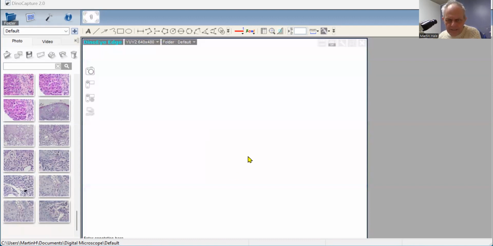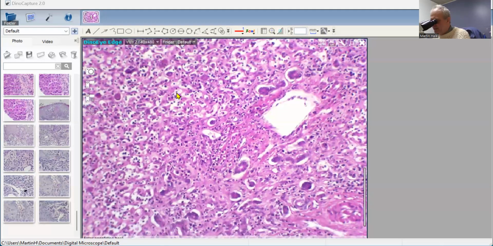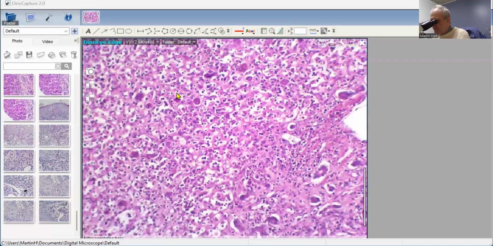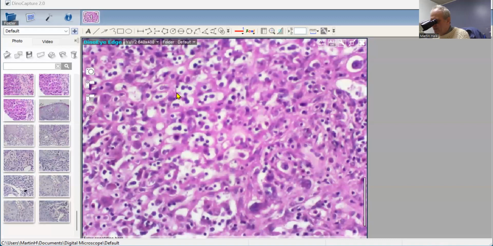This is a portal tract here. You can see there's quite significant bile ductular proliferation, and then the intervening parenchyma has completely disappeared. No hepatocytes left in some areas. So you've got confluent necrosis.